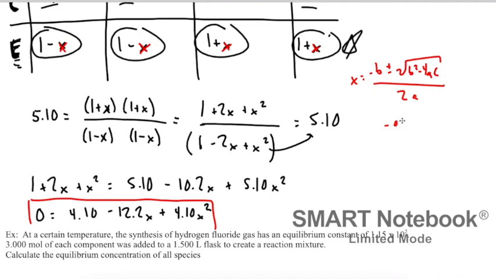Or you can use your graphing calculator, where you literally just graph this. You graph y equals all of this stuff, and then you find the 0. You find where it intercepts the x-axis. You find the x-intercepts where y equals 0. I'm assuming you guys are competent in these two ways of solving the quadratic equation.